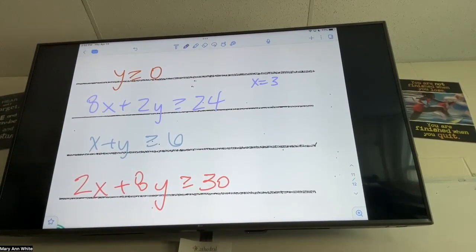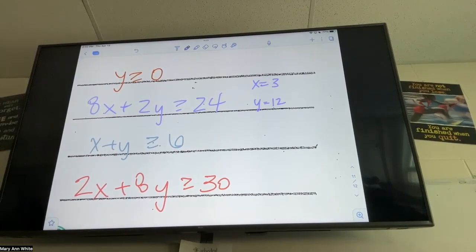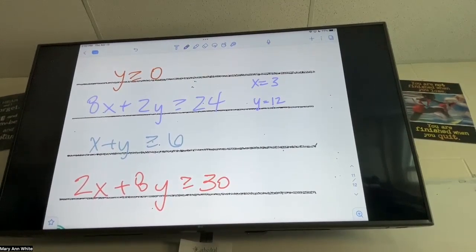I remember helping Algebra 1 kids with it. I know I didn't teach it to you, but we also can do it for the y-intercept. So I can plug a 0 in for my x, essentially pretend that x isn't there. 2y is greater than or equal to 24. That means y is equal to 12. We're going to do that with both the other two equations. I'm not going to walk you through that. You guys can, I think, figure it out yourselves. And then I'm going to go graph the intercepts and connect the dots.